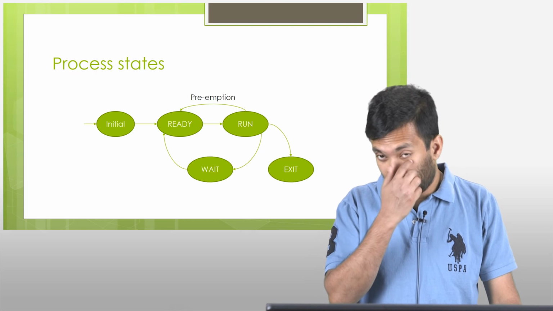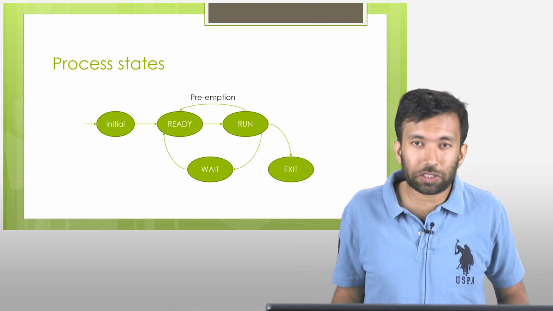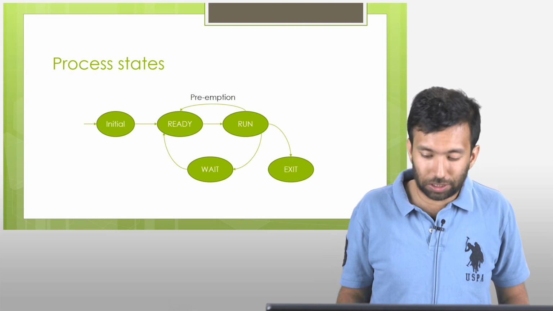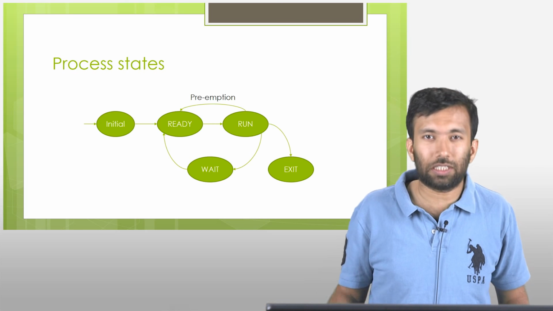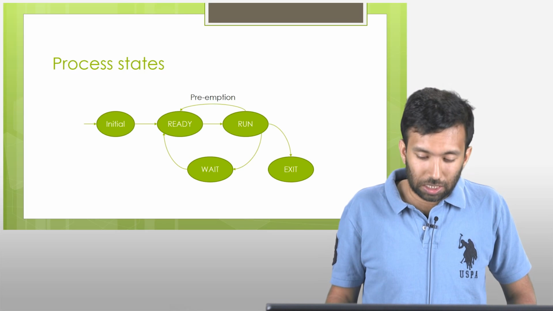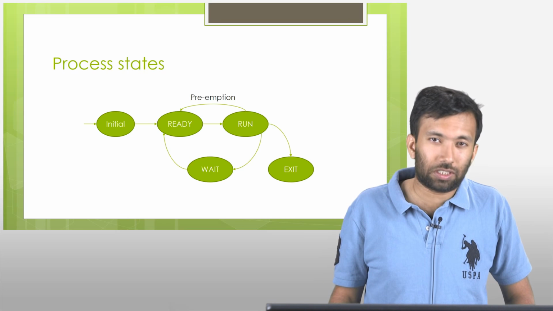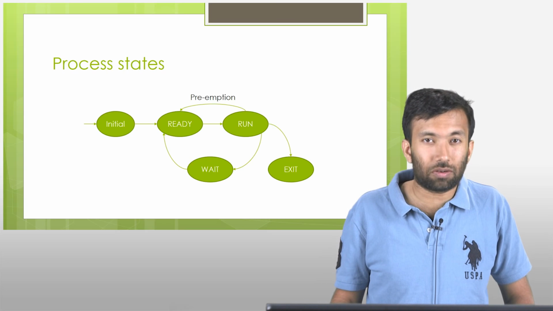Now three things can happen. The first thing that can happen is that the process ends. If the process ends, it goes to the exit state and it exits from the system. The other thing that can happen is that the process can wait for input-output. Let's say the process is waiting for a keystroke.